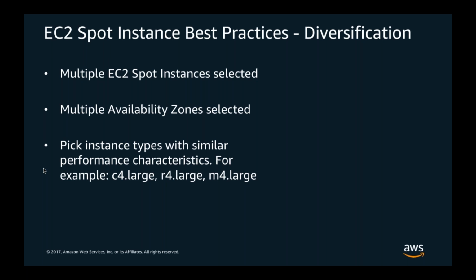So something like targeting 3 different instance types, but all of large sizes, so that C4 large, R4 large, M4 large, these all perform somewhat similar and more than likely can adequately handle the performance that your application needs.